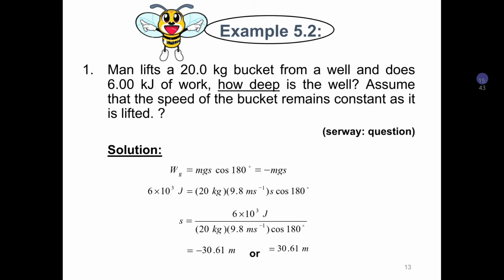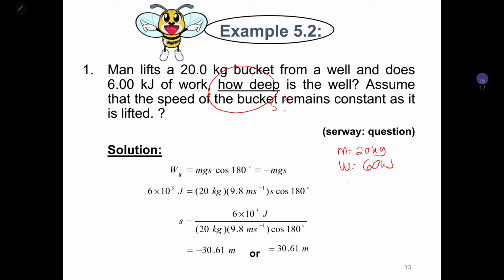Okay, so look at the example 5.2. If we have a man lift a 20 kg bucket from a well and does 6 kilojoule of work, how deep is the well? So they ask the value of S. So we have the M is equal to 20 kg and the work done is 60 kilojoule.